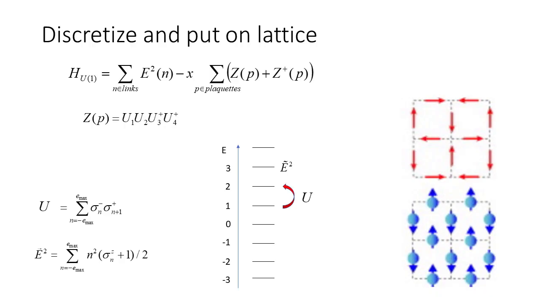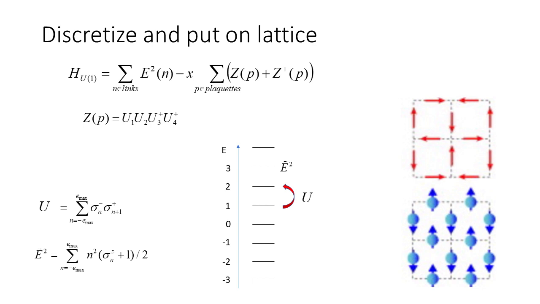In the end, what it boils down to is something pretty simple. If you just look at the electric field part of the Hamiltonian, these are diagonal terms, the electric field squared. You can imagine on each link there are discrete values of the electric field, like 0, 1, 2, 3, or going to minus.